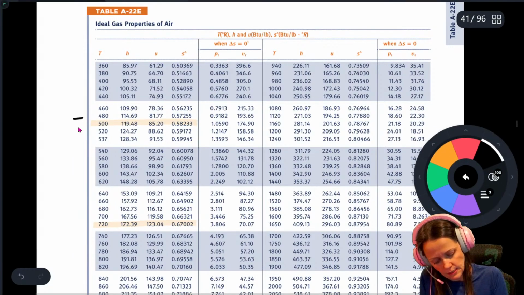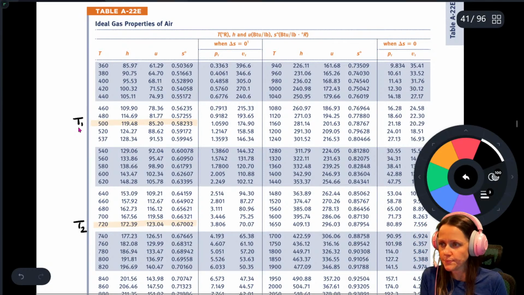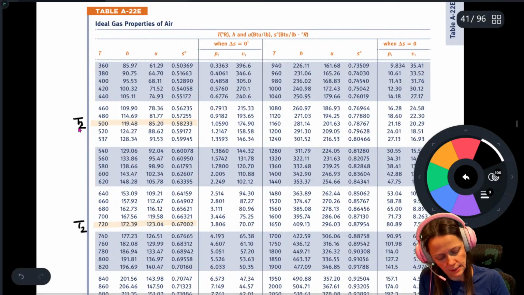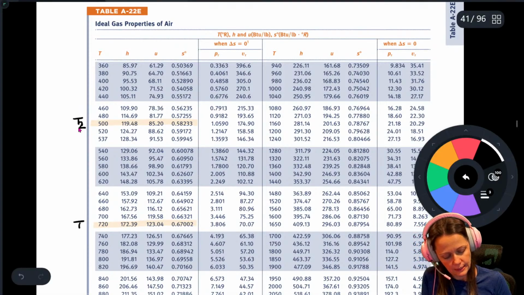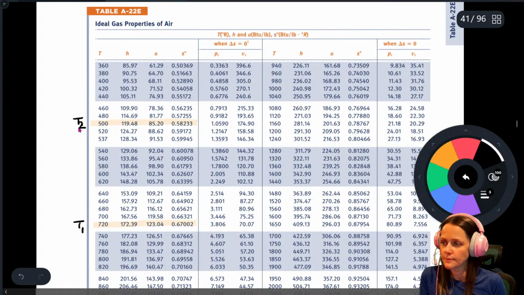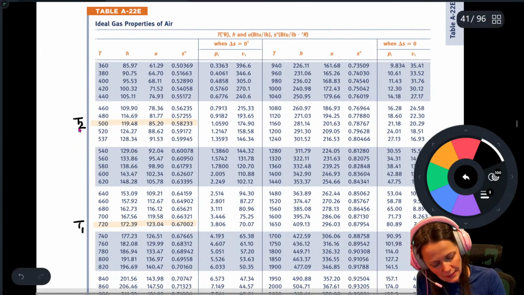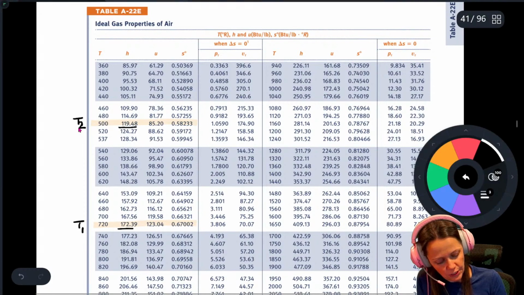This is T1, this is T2. Yes. All right, so here are our H values for each of those.